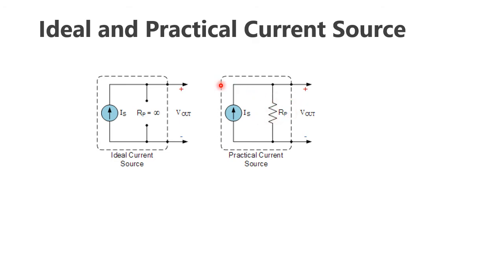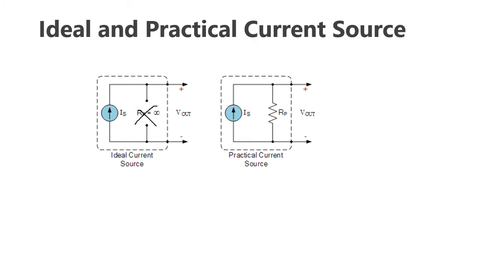So that is the main difference between ideal and practical current sources. So how does it affect the circuit? If it is infinity, you can see that for the ideal current source, if the RP is infinity, we can consider it as an open circuit connection. There is no current path, so we have to consider it as an open path connection.